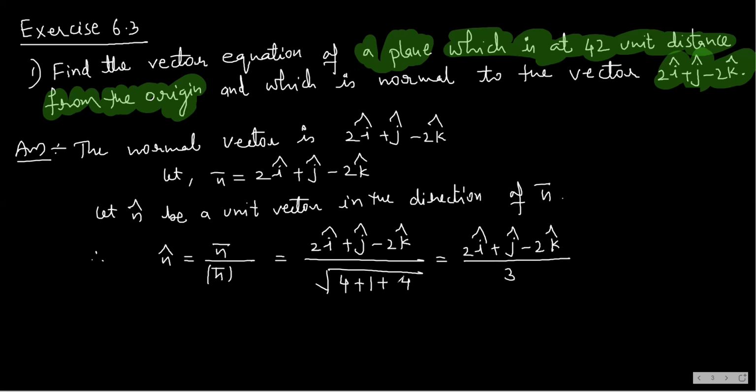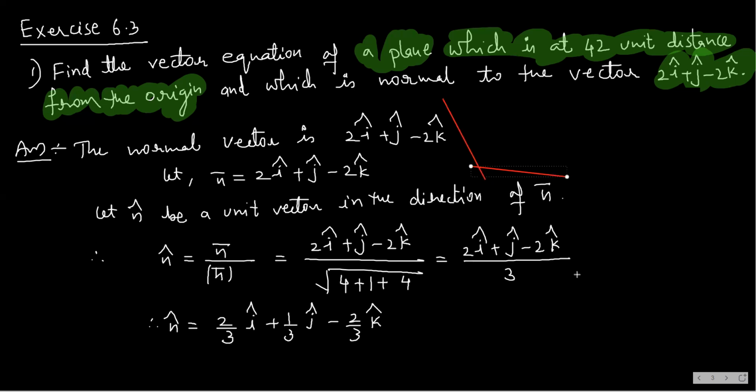Okay, 4 plus 4, 8, 8 plus 1, 9. Square root of 9 is 3. So next step I have, therefore, n cap is equal to 2 upon 3 i cap plus 1 upon 3 j cap minus 2 upon 3 k cap. See students, I got the unit normal. That is, a unit vector perpendicular to the plane.